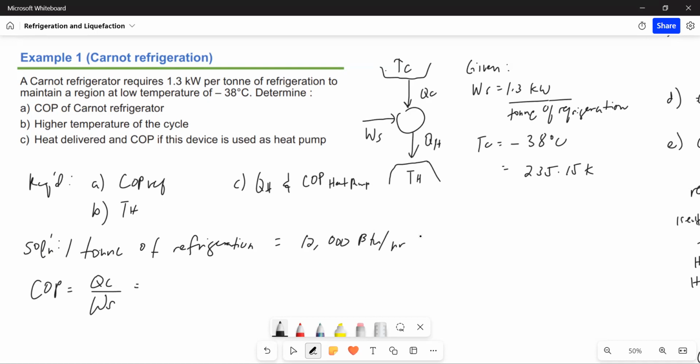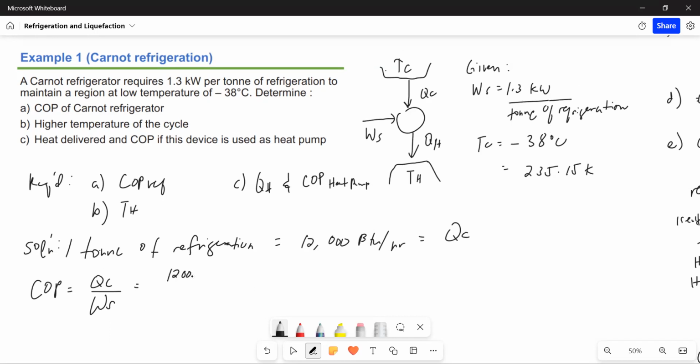So this ton of refrigeration is actually our QC, the heat absorbed from the cold temperature reservoir. Therefore, we have the values for QC and work shaft. We only need dimensional analysis.